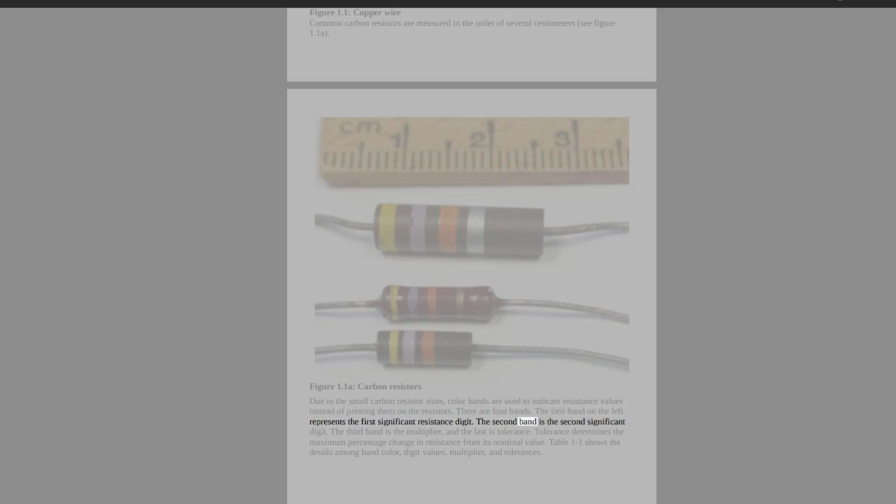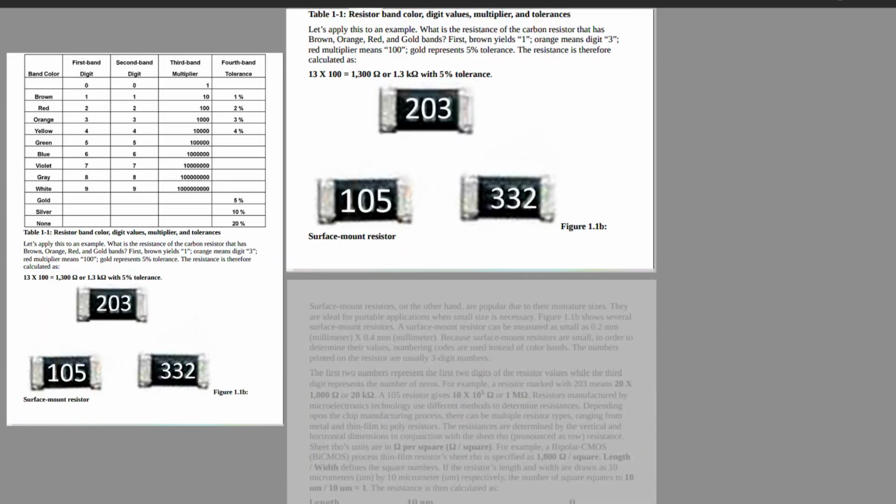The second band is the second significant digit. The third band is the multiplier, and the last is tolerance. Tolerance determines the maximum percentage change in resistance from its nominal value. Table 1 shows the details among band color, digit values, multiplier, and tolerances. Table 1, Resistor band color, digit values, multiplier, and tolerances.